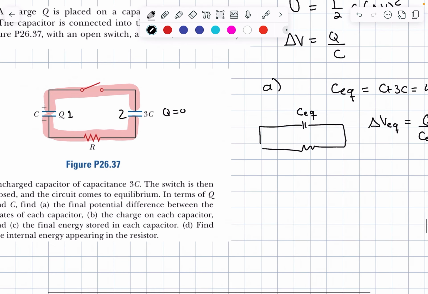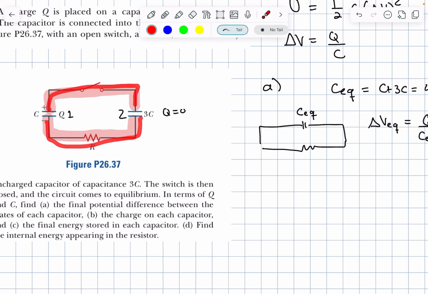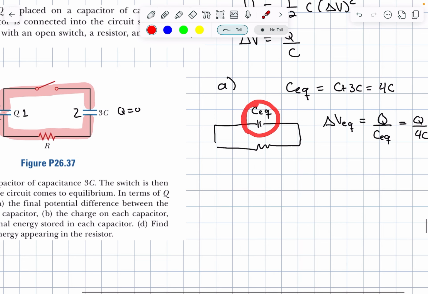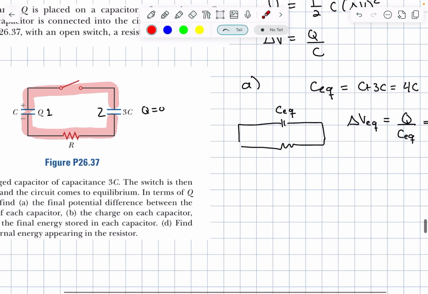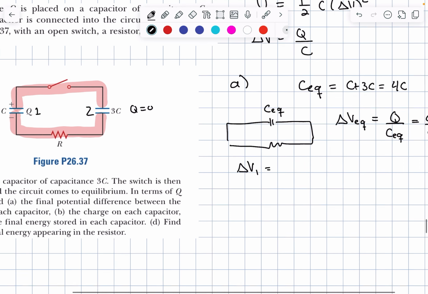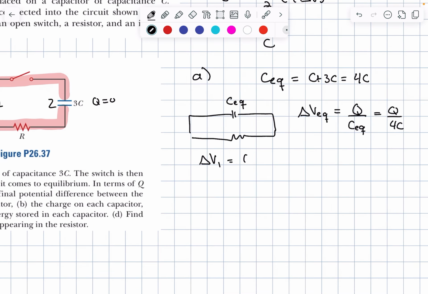Now, the reason why we did this specifically is because these are in parallel with one another, and when things are in parallel, the delta V on the equivalent capacitor is the same delta V that's on this one and on this one. So delta V1 is equal to Q divided by 4C. Delta V2 is equal to Q divided by 4C. And that's our answer for A.